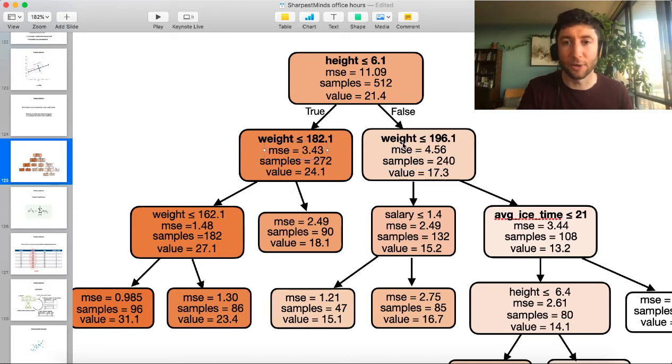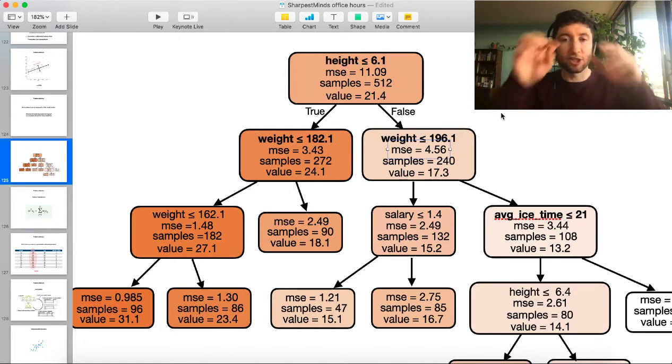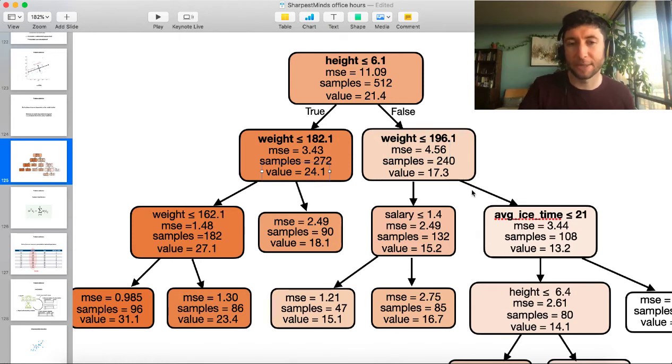These two numbers, the MSE of 3.43 and the MSE of 4.56, provide us with a measure for how good the question was that we asked to get here. If we asked a really amazing question and it split our data up in a perfect way, so that every player in this bucket scored exactly 24 goals and every player in this bucket scored exactly 17 goals, then our MSEs would be 0, because the mean would be exactly the same as the true value for each of the samples in those buckets.